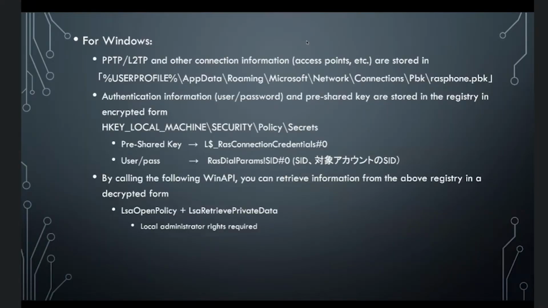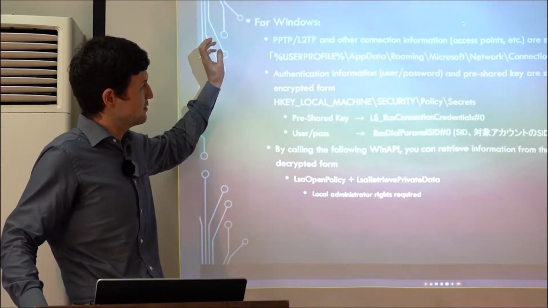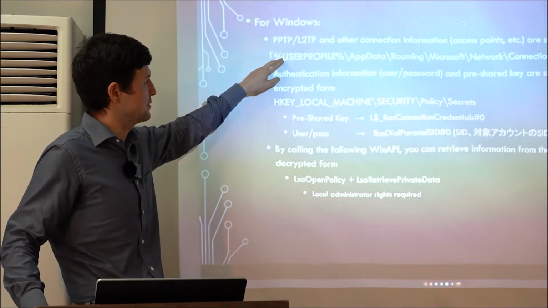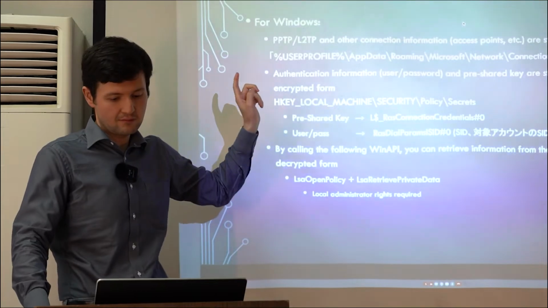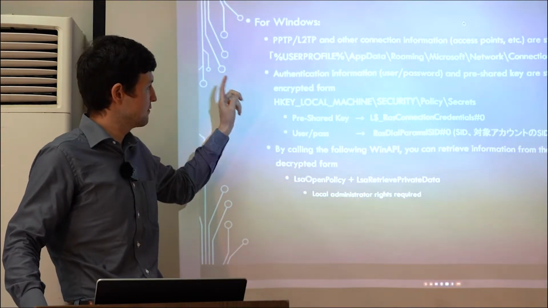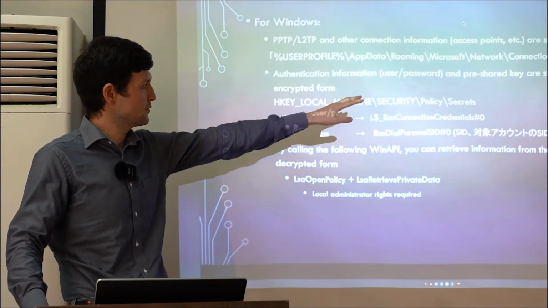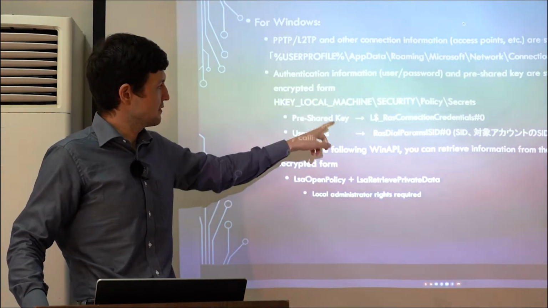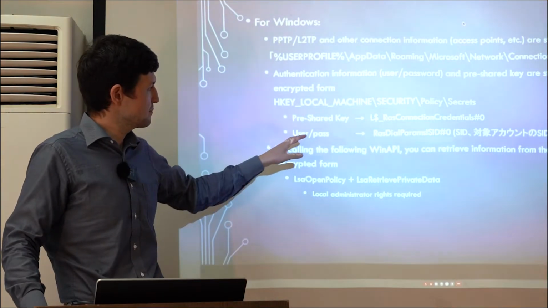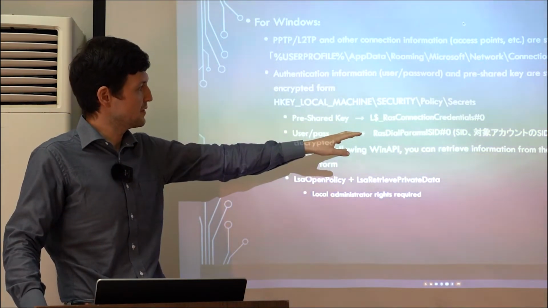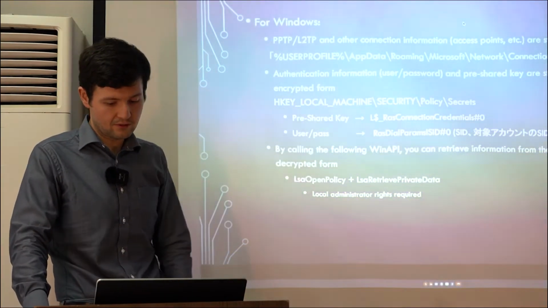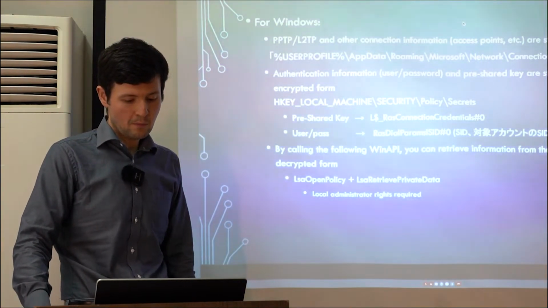We have the VPN server IP stored in this rasphone.pbk, and the authentication information will be stored in the registry, in the security policy secrets path. The pre-shared key will be stored in the RASSK connection credentials, and the user path will be stored in the RASDLParam, plus the SID of the current user that stored his credentials.